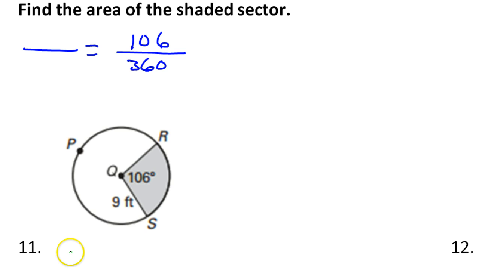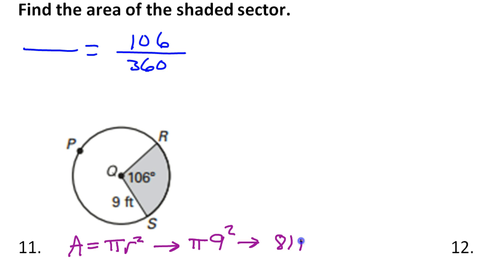Off to the side somewhere, let's calculate the area. Area of the circle is pi r squared, so that is pi times 9 squared, which is 81 pi. That's the area of the whole circle.